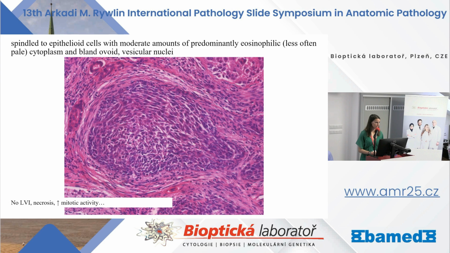So we can see again spindle to epithelioid cells. The cytoplasm was eosinophilic to pale, and the overall appearance of the tumor was bland. There was no lymphovascular invasion detected, there was no tumor necrosis, and the mitotic activity was very low, up to 1 mitosis per 10 high power fields.